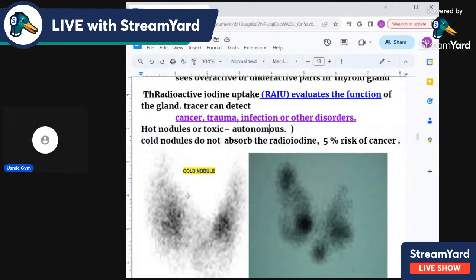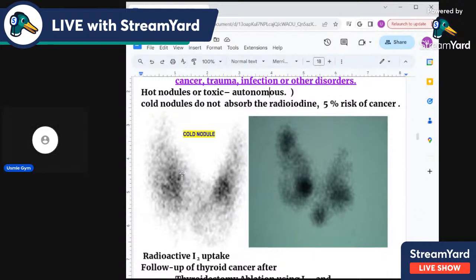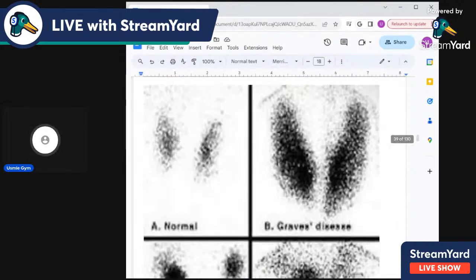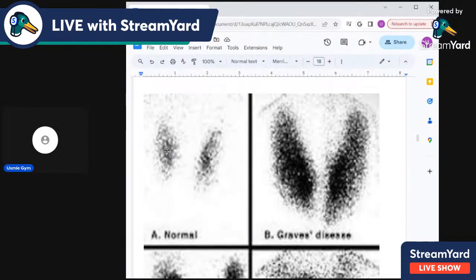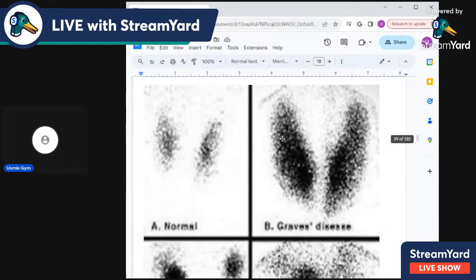Then we have the iodine uptake, scan and uptake, and this is the cold nodule. Compare it with the normal. This is the normal uptake by the thyroid gland, and this is a cold nodule. This is a hot nodule, right? Taking more radioactive iodine. Then we have Graves' disease, homogeneously taking the radioactive iodine excessively.